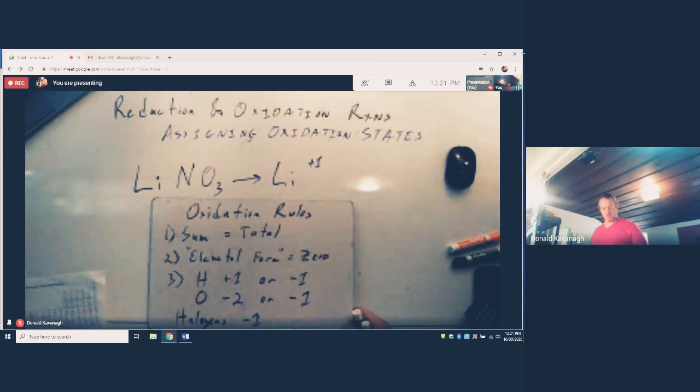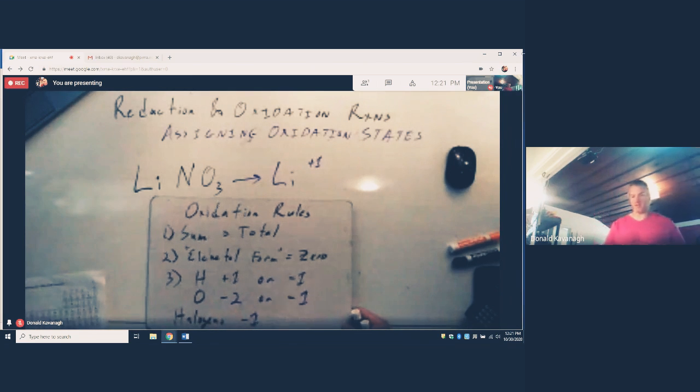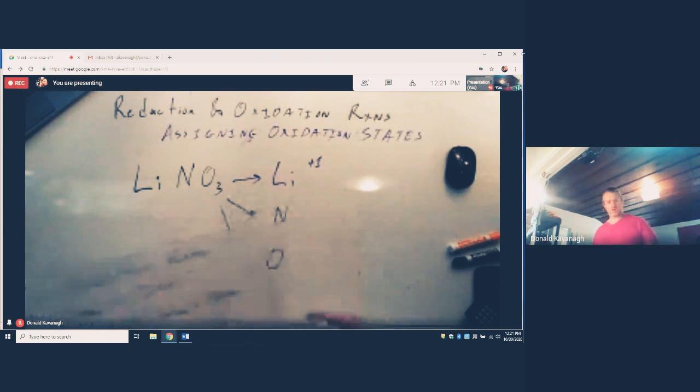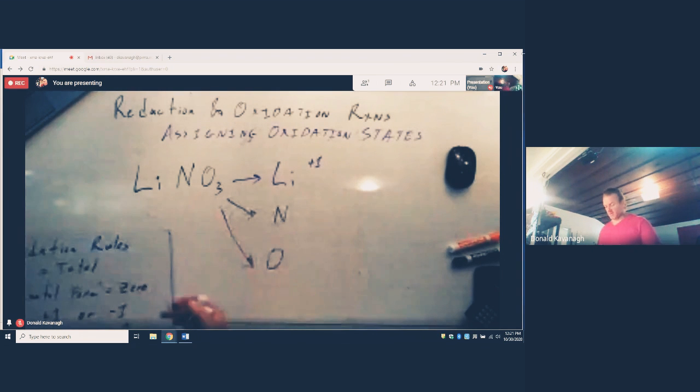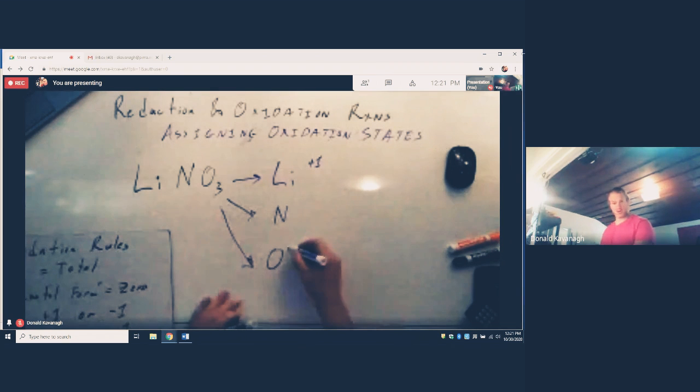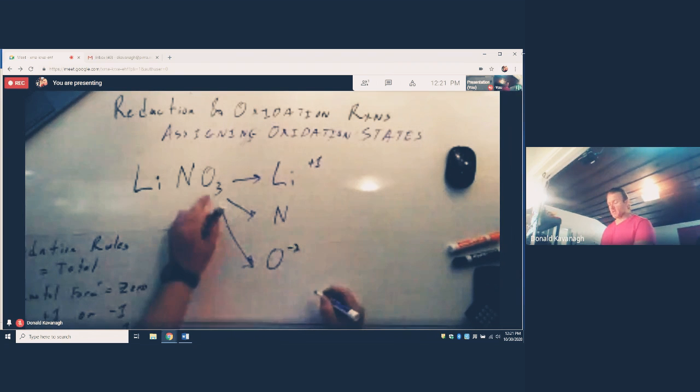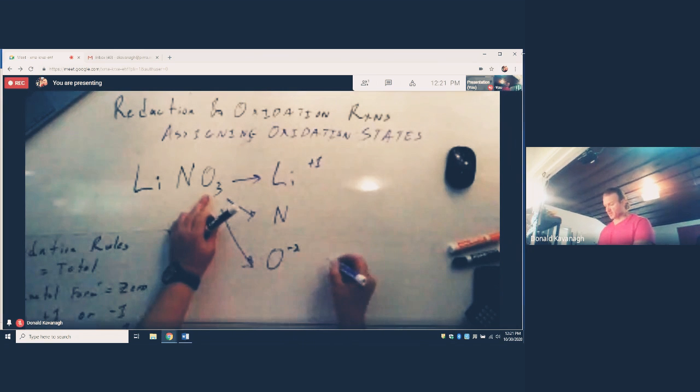But oxygen, for our purposes, is going to have a -2 or a -1 oxidation state here. This nitrate is not a superoxide or peroxide, so oxygen has a -2. All of them do. And that's a total of -6.